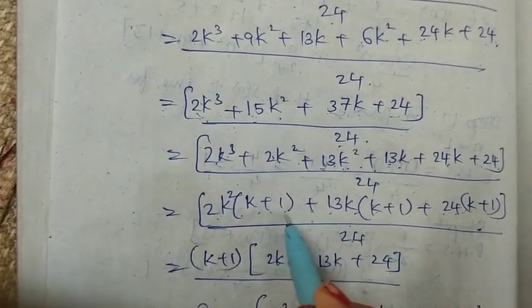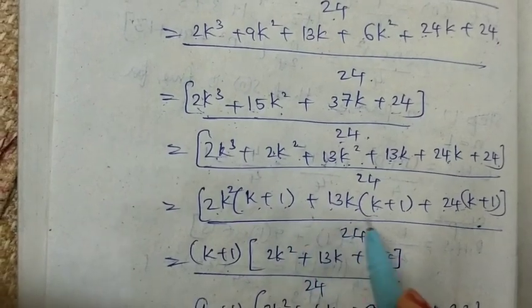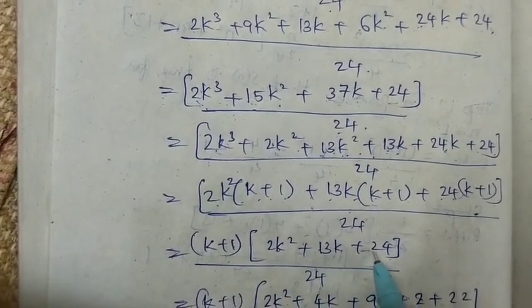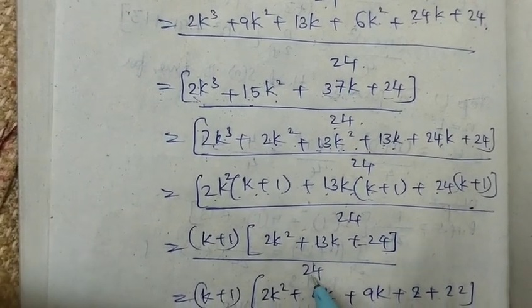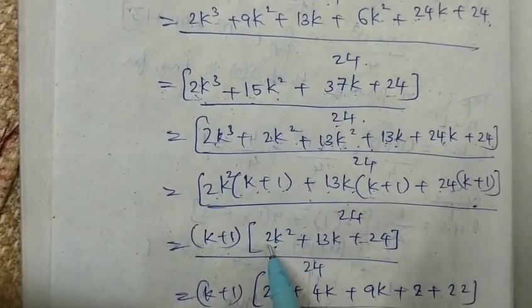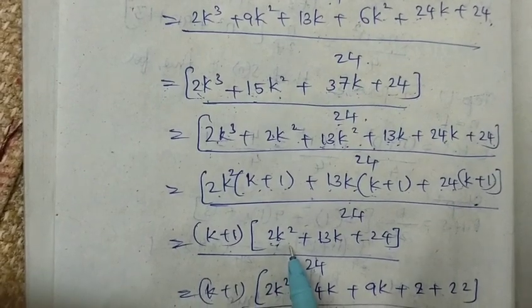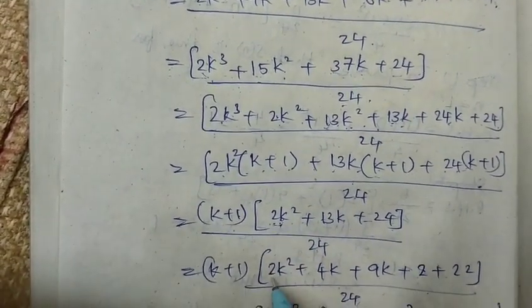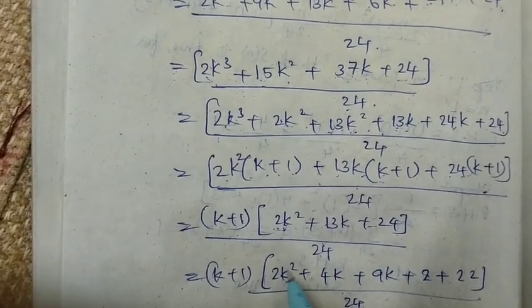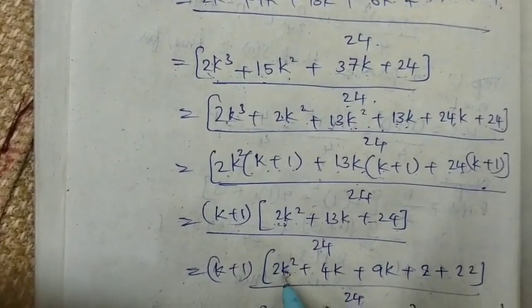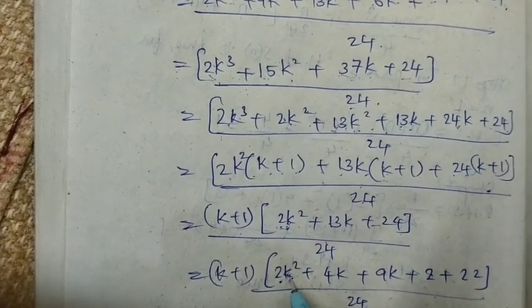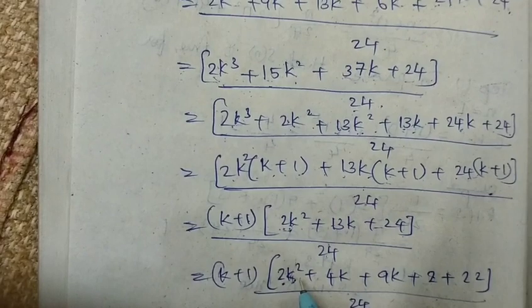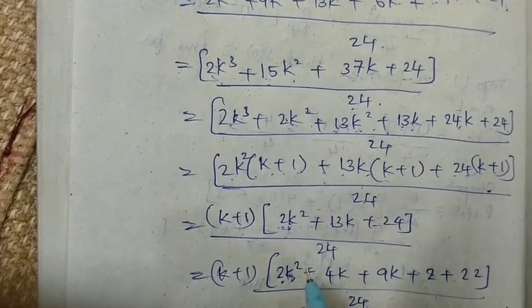So all in all, you will get k plus 1 as common into 2k square plus 13k plus 24 divided by 24. Now here also we should get 2 into k plus 1 whole square or something, right? So just take 2k square separately, and in order to get this in terms of some whole square, we are just simplifying it.